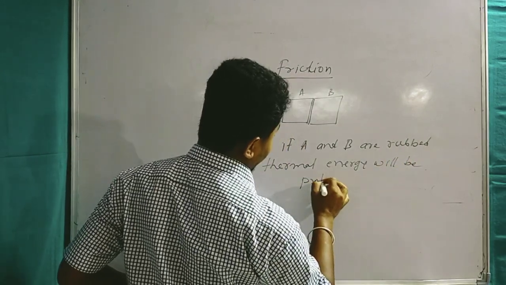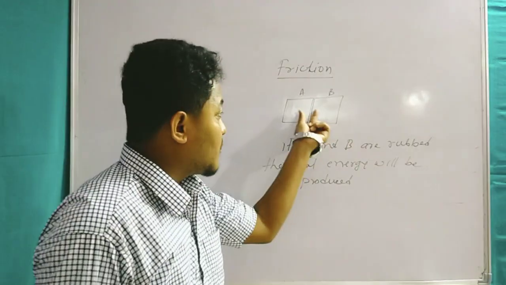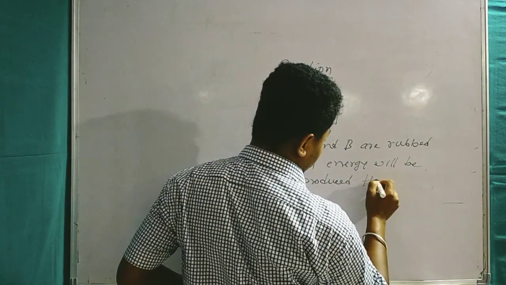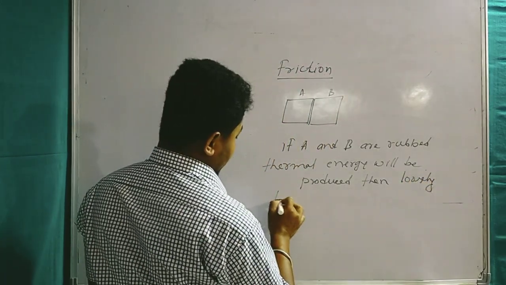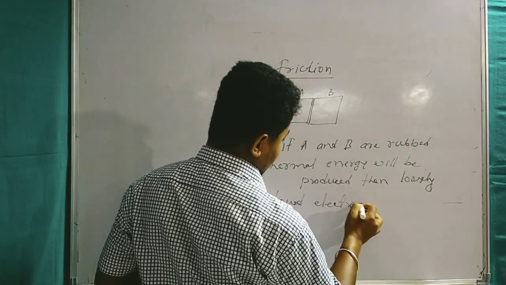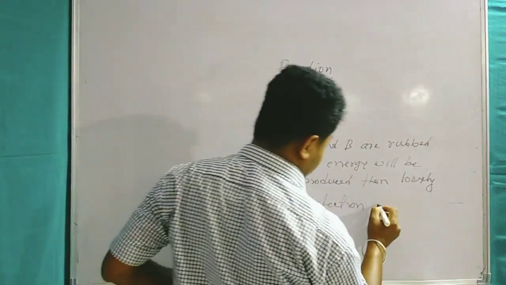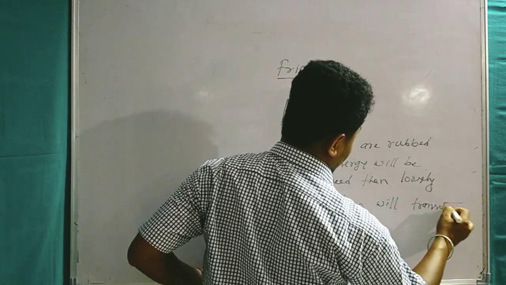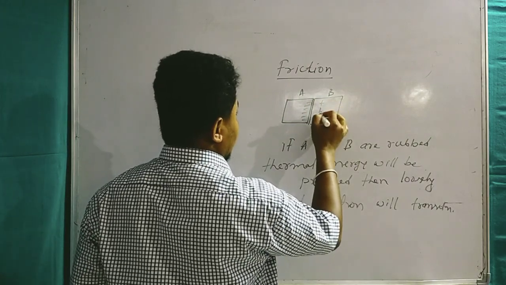When thermal energy is produced by rubbing them, the loosely bound electrons will transfer from body A to B. That means a loosely bound electron will be transferred from one body to the other.